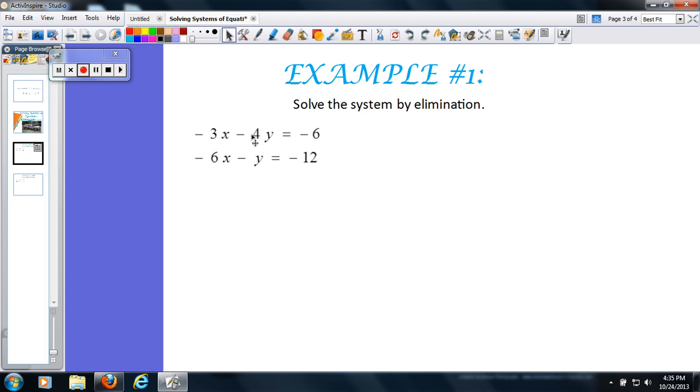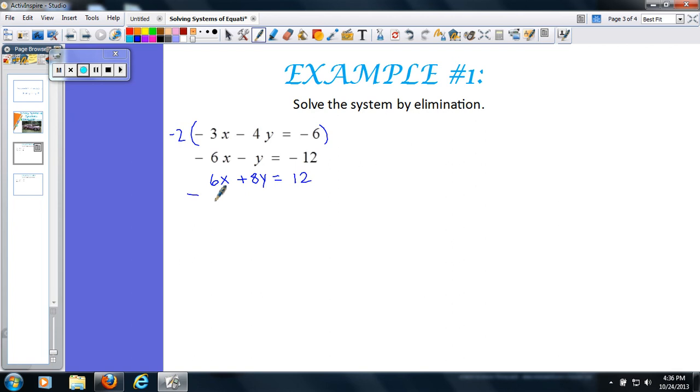I want these to be opposites, and since I already have a negative, I'm going to multiply this whole equation by negative 2. That's going to be 6x plus 8y equals, and negative 2 times negative 6 is positive 12.